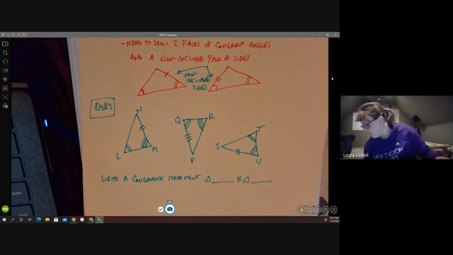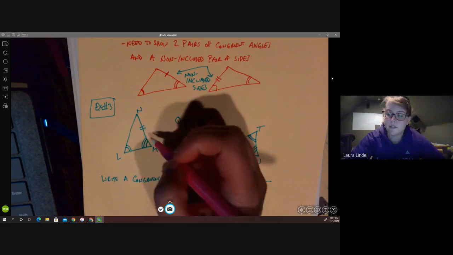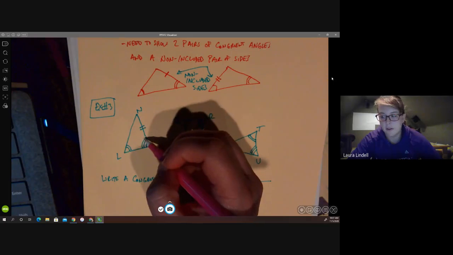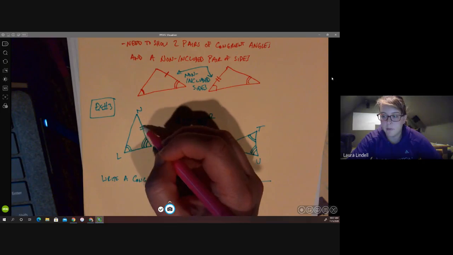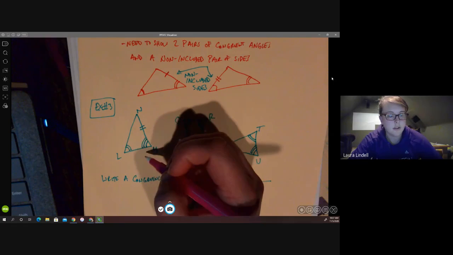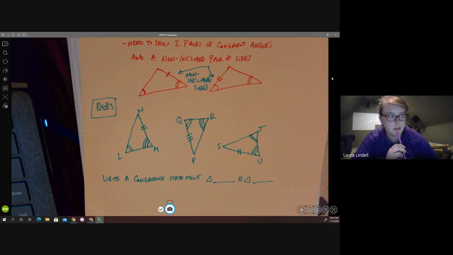And the thing you have to be a little bit careful of here is that the congruent side has to follow the same congruent angle. So if the side that we know has to be the one that's next to the angle with 3, those are the ones that have to be congruent to each other, triangle-wise.